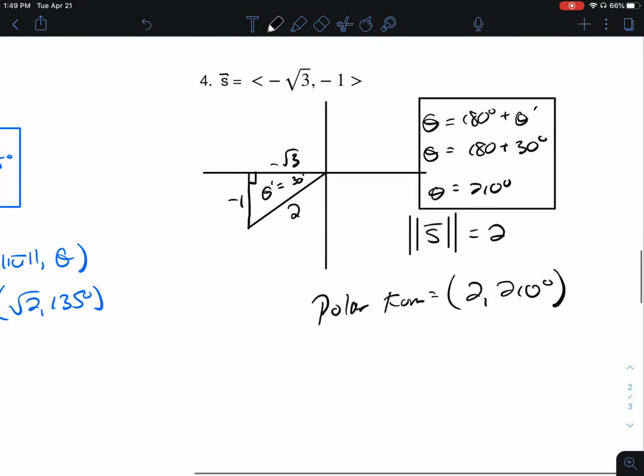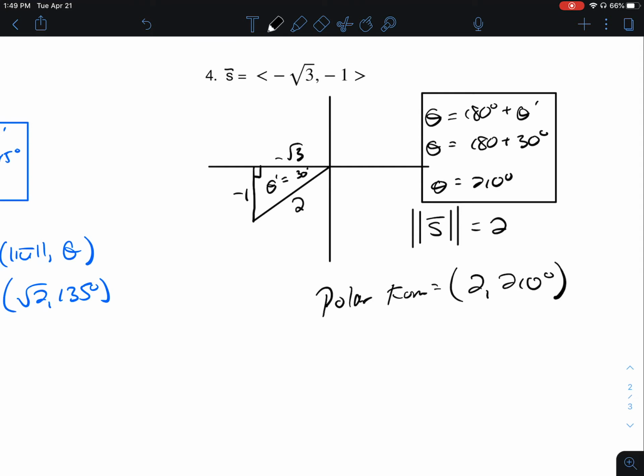Now, just to remind you once again, what if you don't know your special right triangles? So if we go back up to this picture, and let's say that what we know is that this is negative square root of 3 and this is negative 1. We want to figure out what theta prime is.